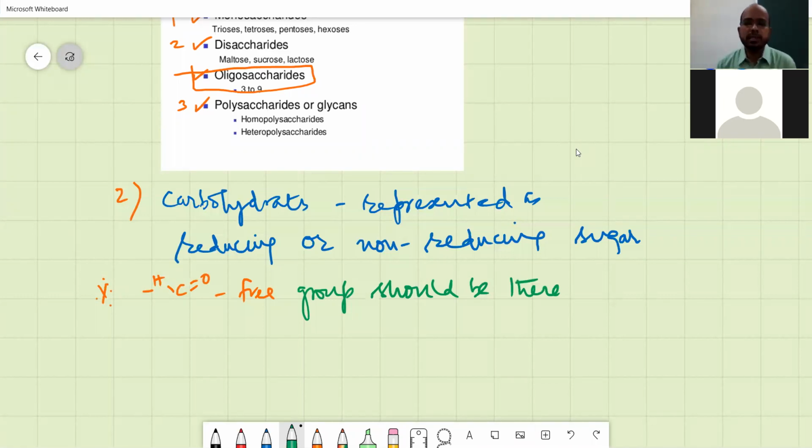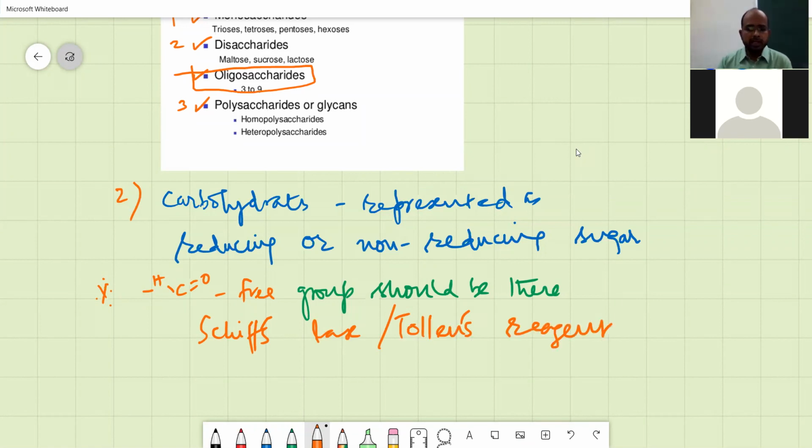So what does it say? Reducing sugar means it reduces; its oxygen is available for oxidation. One of the best examples is the Tollens reagent, which is an ammoniacal silver nitrate solution, ammoniacal AgNO3 in basic medium.